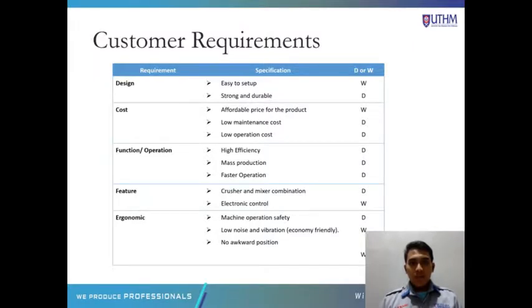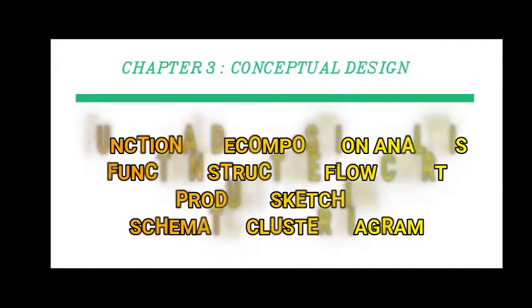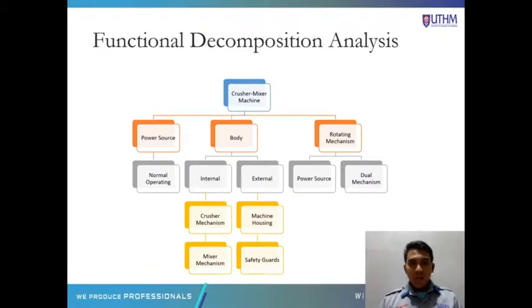After we made a survey by Google Form, we got feedback from the customers and listed the customer requirements as we can see from the table. W is for wish and D indicates demand. When we proceeded to start making the project, we made a functional decomposition analysis.